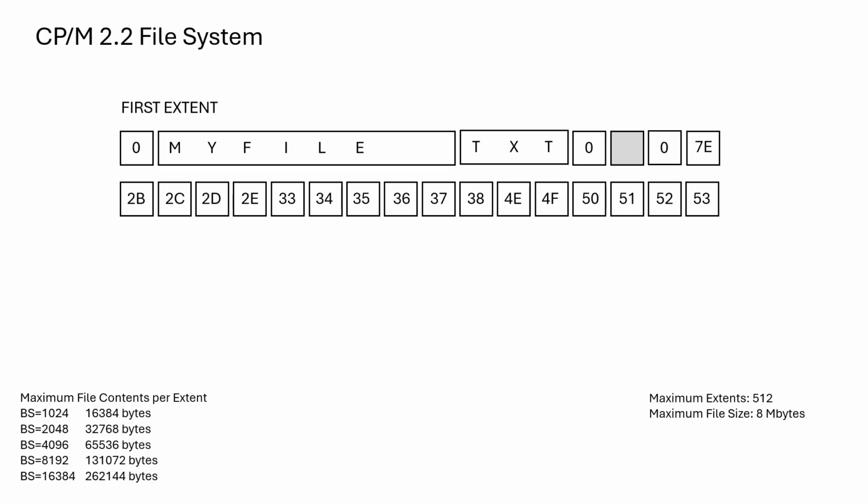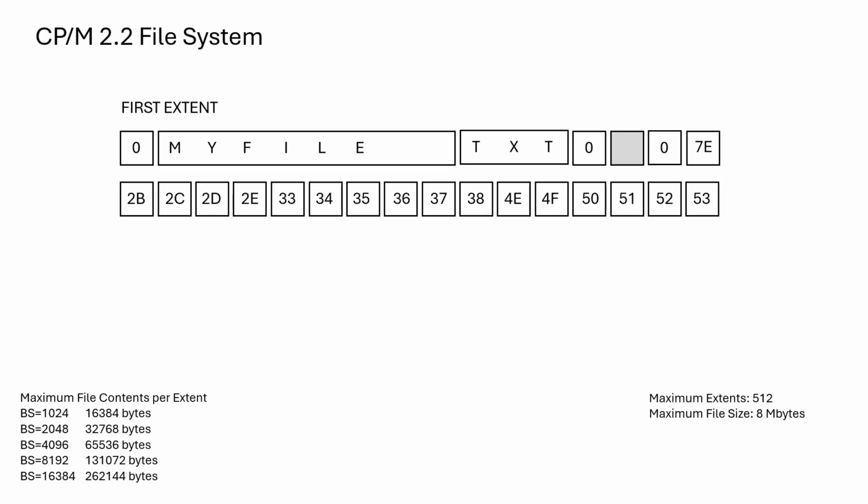So if you were to look at a directory entry on my machine, a directory entry for myfile.txt would have a 0 in front of it. I do everything with user 0, but you have 15 users that you can also add. There's myfile, the 8 bytes that are used for the file name, and then 3 bytes for the extension.